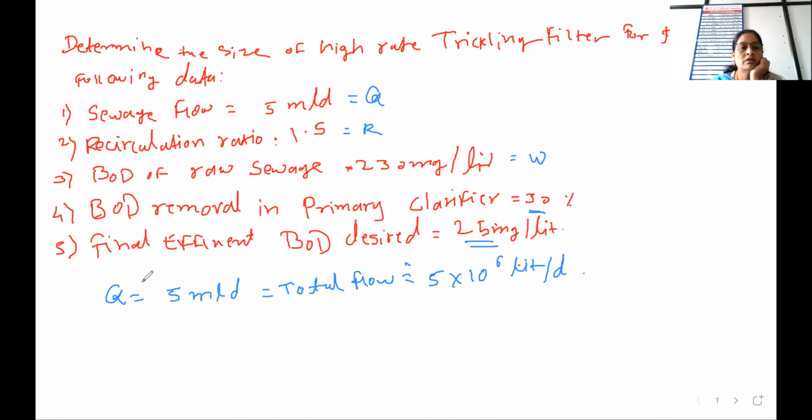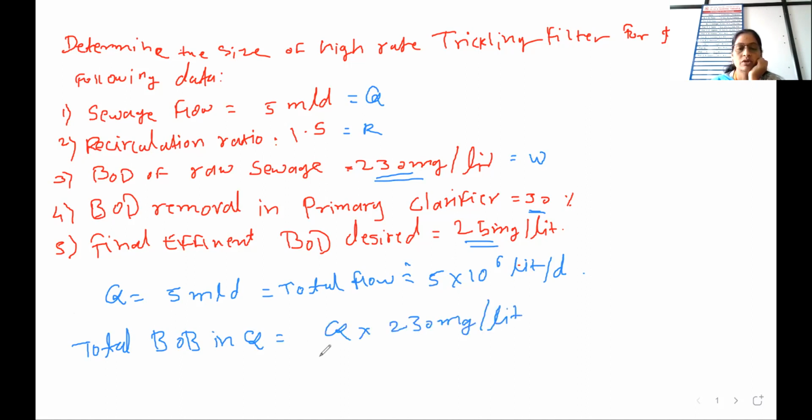Now, BOD of raw sewage is given as 230 milligram per liter. From that data, you can find the total BOD in discharge Q, which is equal to Q into 230 milligram per liter. The value of Q is 5 into 10 raised to 6 liter per day.